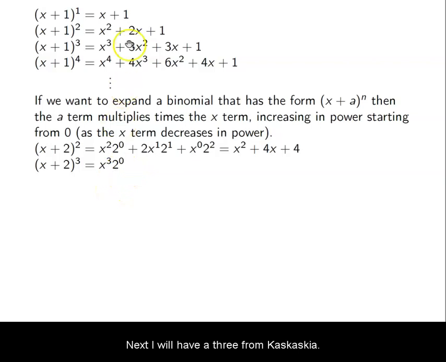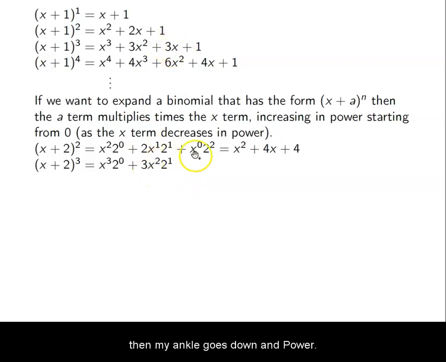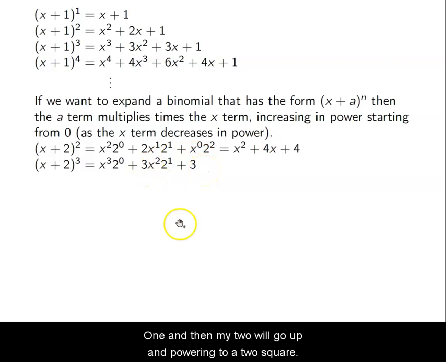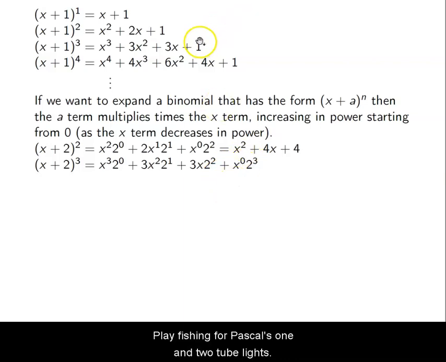Next, I will have a 3 from Pascal's triangle, x squared, and then 2 will go up to 2 to the first. The next term will be another 3 from Pascal's triangle. And then my x will go down in power to x to the 1, and then my 2 will go up in power to a 2 squared. And then last, my x's go to 0. The coefficient from Pascal's is 1 and 2 cubed, right?